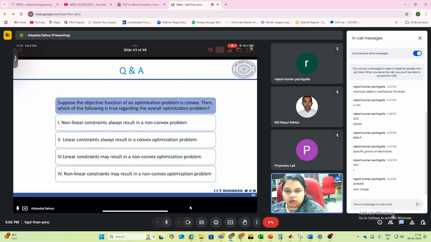Now, depending upon the constraints, we have to comment whether it is a convex or non-convex problem. Whenever there is a linear problem, it is always convex. So the second one is correct. Now, whenever non-linearity is present, it does not always imply non-convexity.